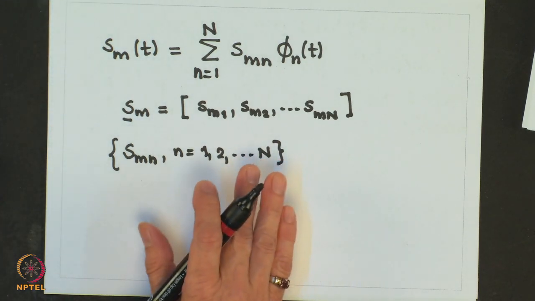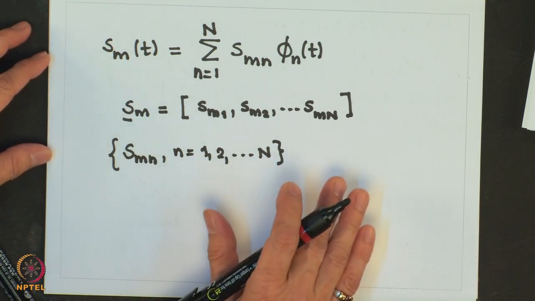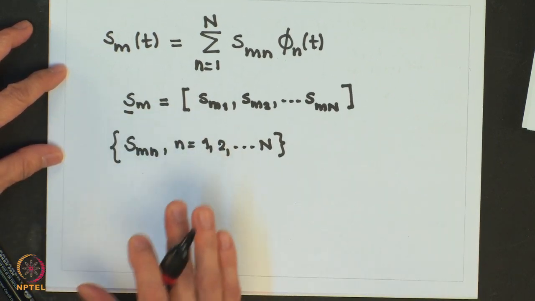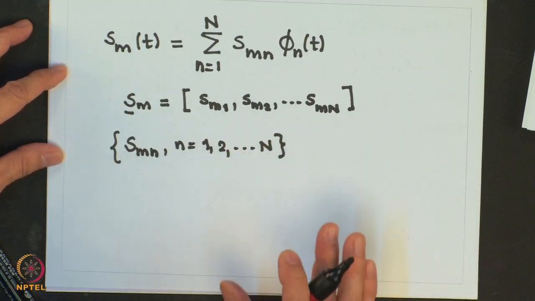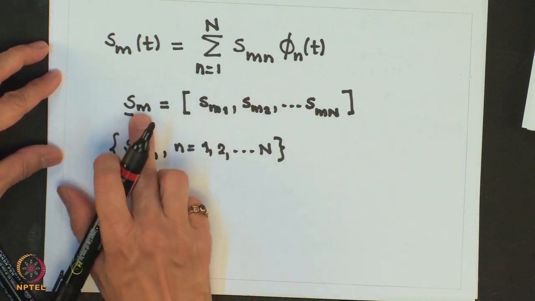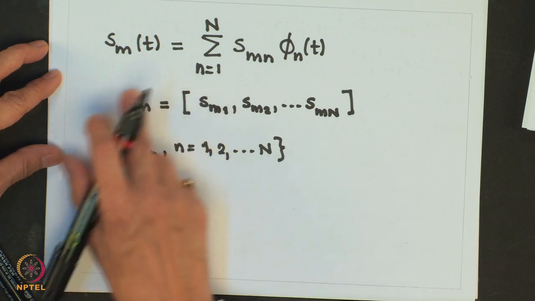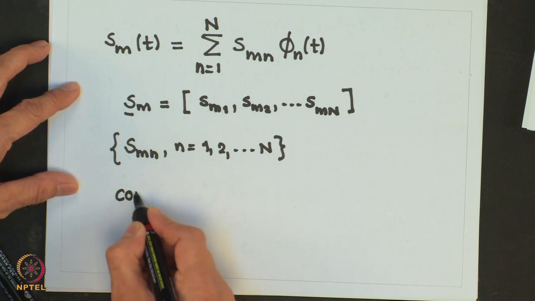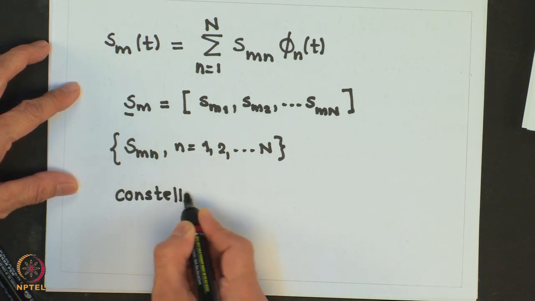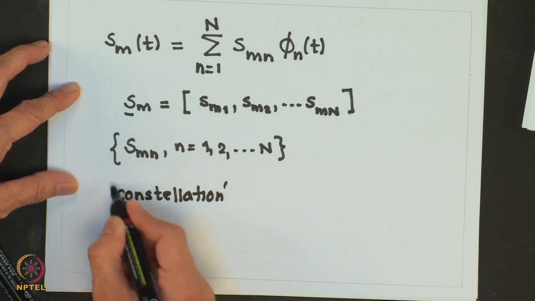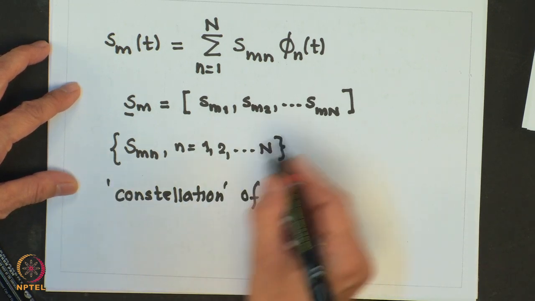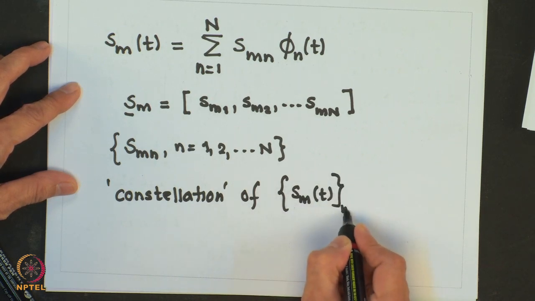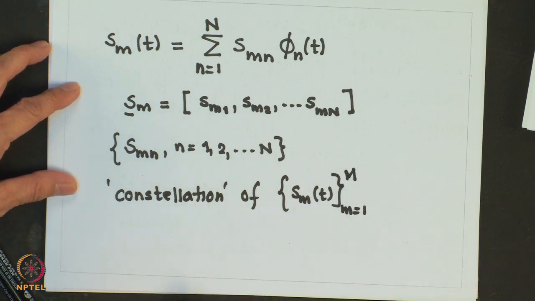Therefore, what we have shown is that a set of m signals can be represented by a set of m vectors in the n dimensional space where n is less than or equal to m, correct. So, the corresponding set of vectors is called the signal space representation, also known as the constellation of the given signal set.